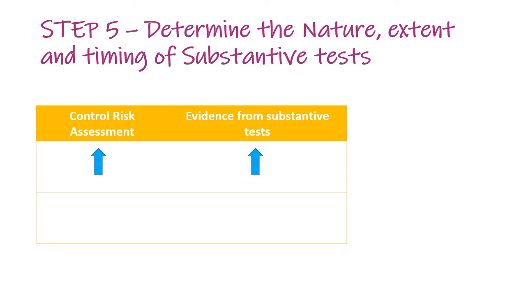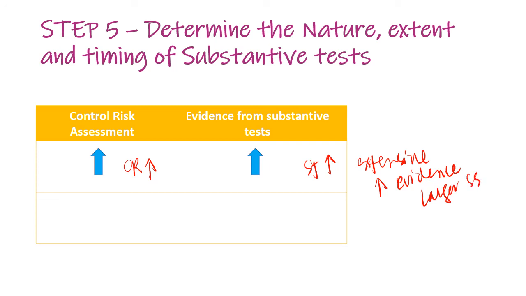Okay, di ba? If you can recall in the previous slide, if the control risk is high, dapat atong substantive testing would be high, or it should also be extensive. So extensive, there would be more evidence, di ba? If you can recall, this would be a larger sample size.